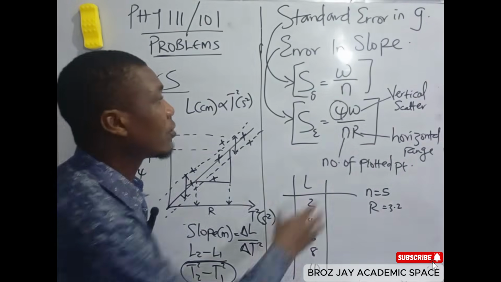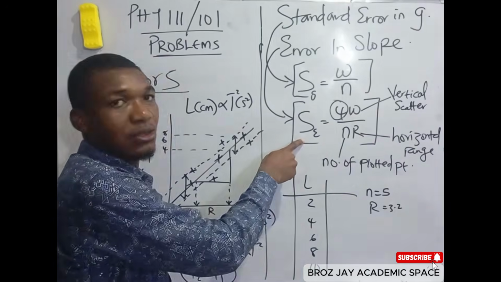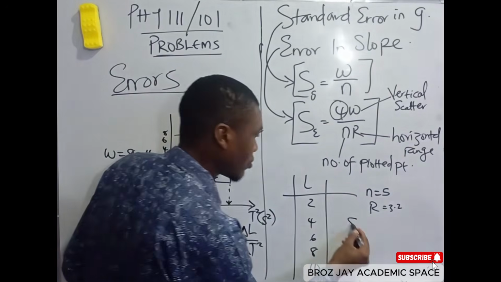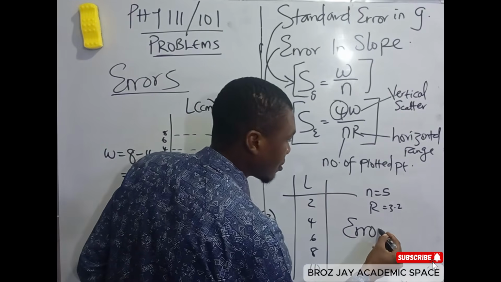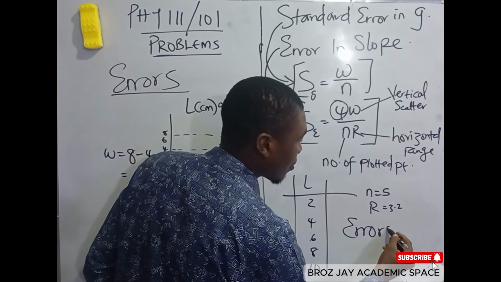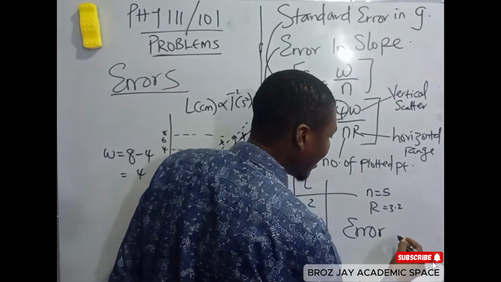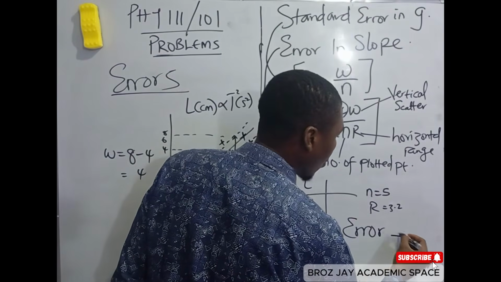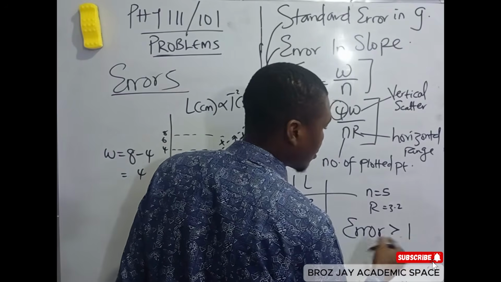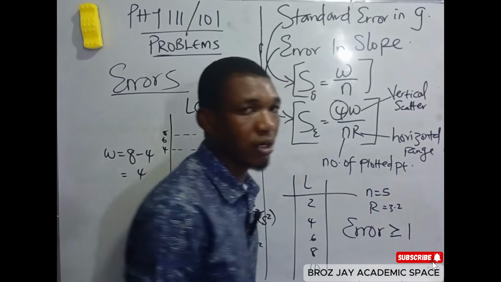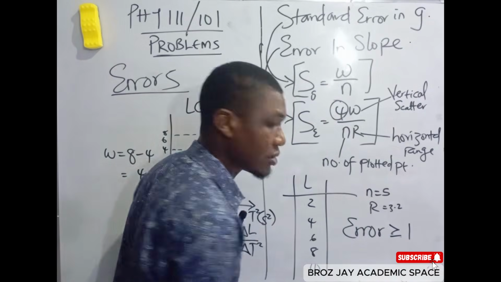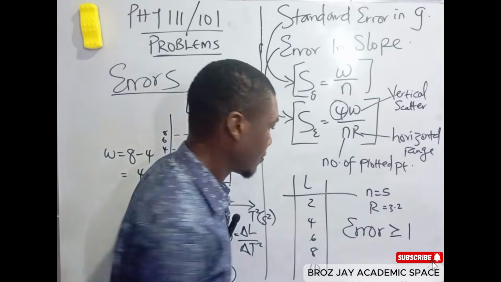So if you don't know how to get this, you can't find this. And note, your error, both standard error or error in slope, must not be equal to or greater than 1. Anything equal to or greater than 1, your error is big.